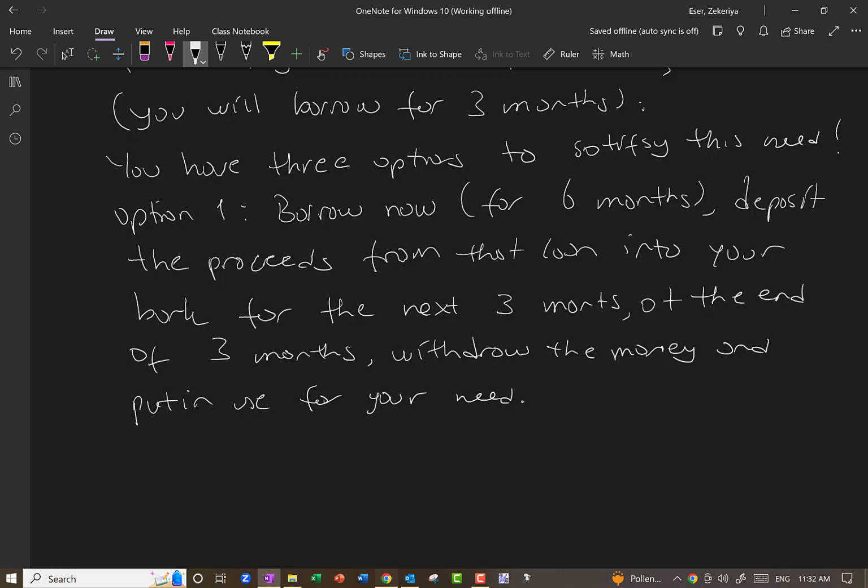Option two, wait 3 months and borrow at the 3-month interest rate prevailing at that time.